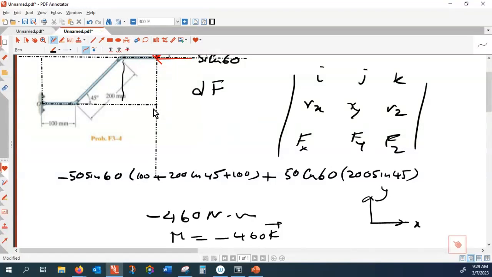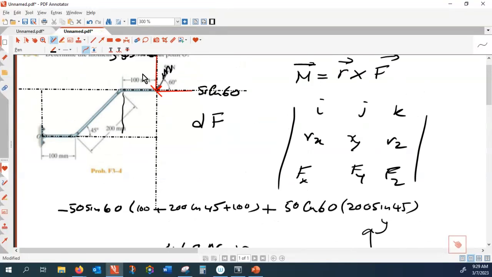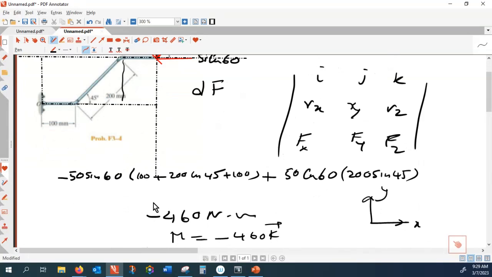This is clockwise. The reason is the original force is like so. If you extend the original force compared to that point O, that would rotate my frame in a clockwise direction, wouldn't it? So that is why I put a negative here. That negative only tells you this is clockwise.